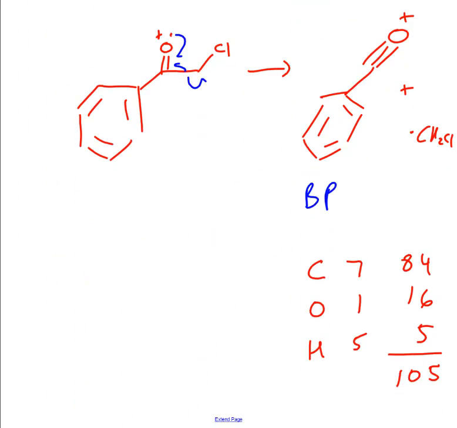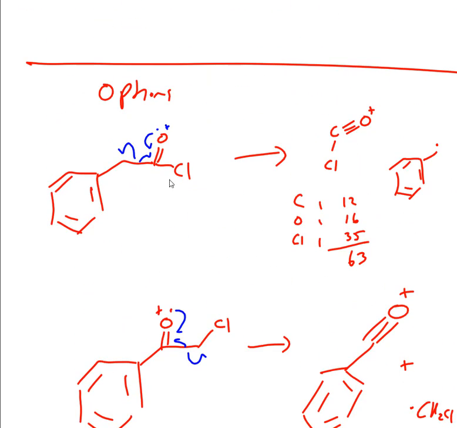But if, let's say, the fragment happened the way I would suspect, where the Cl left, right? Then if that was the fragment, let me draw that out. If it was like this, the fragment, triple bond O plus, and then Cl radical. Okay, so if this was the fragment, we have carbon, oxygen, hydrogen. I'm not going to have space.